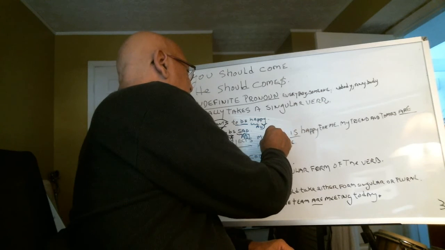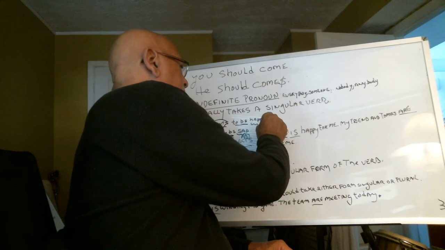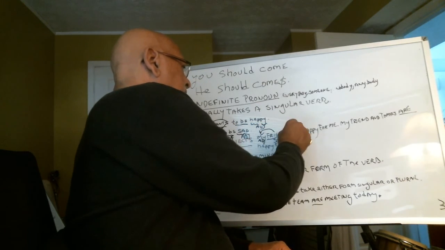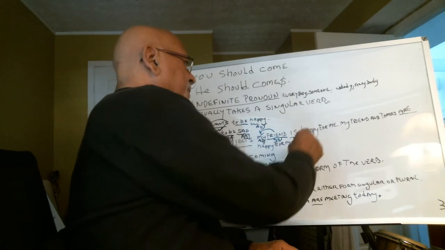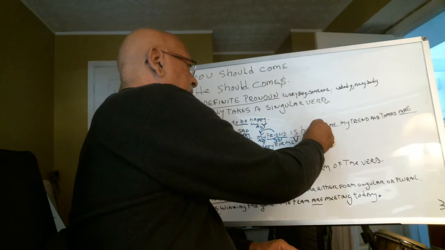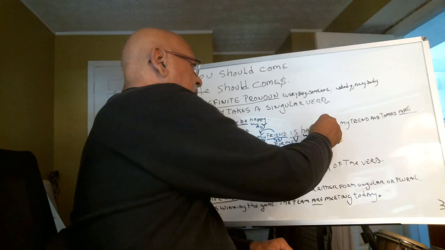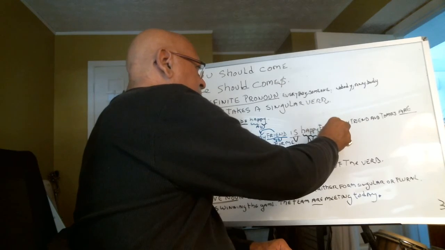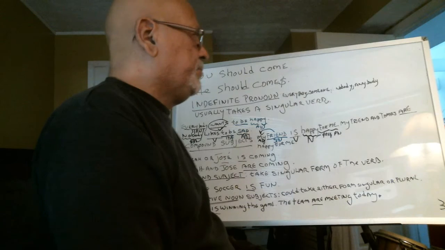Friend is the subject noun and is singular. Which friend? My, possessive adjective. Is, linking verb. Happy is going to be an adjective here. For, preposition. Me, pronoun. My friend is happy for me.